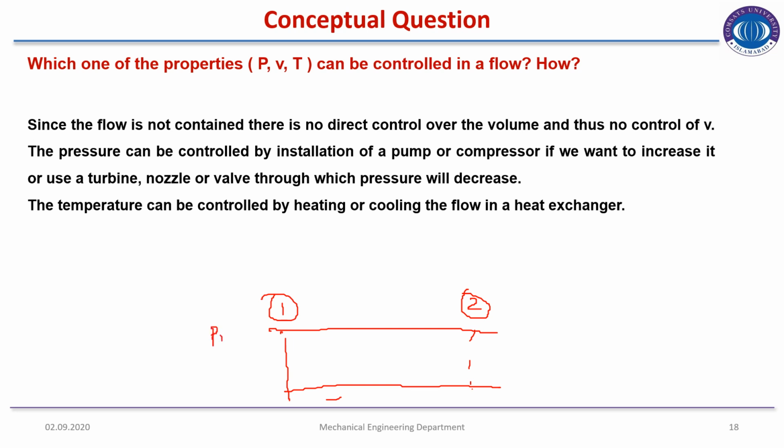There will be some pressure P1, temperature T1, and specific volume V1. If the mass flow rate is constant, so a fluid is flowing through the pipe, and the exit properties will be P2, T2 temperature, and V2 specific volume.